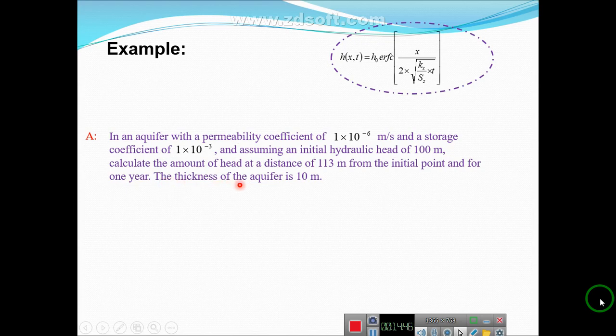The thickness of the aquifer is 10 meters.